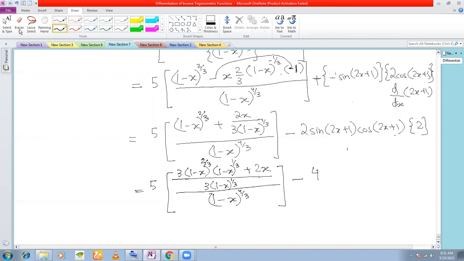Or better still, what you see here is, this is what form? 2 sine theta cos theta, right? Which is sine 2 theta. So this is sine twice, and theta here is 2x plus 1. And you have a 2 here, so this 2 will come here. So this entire thing combines, right?